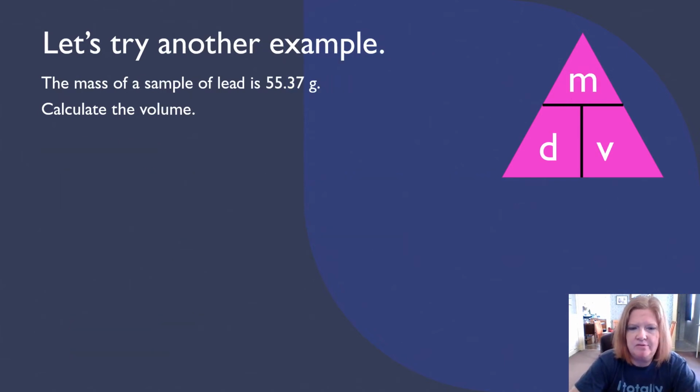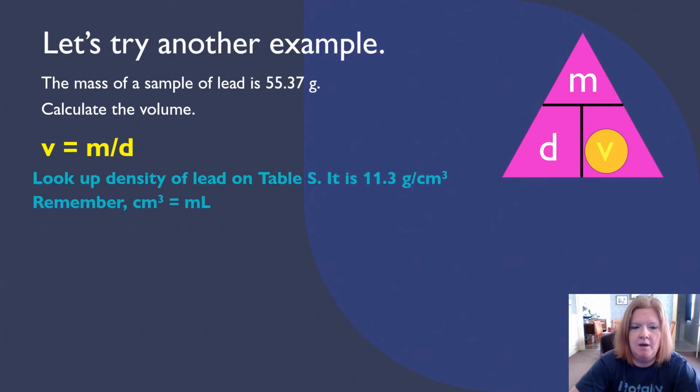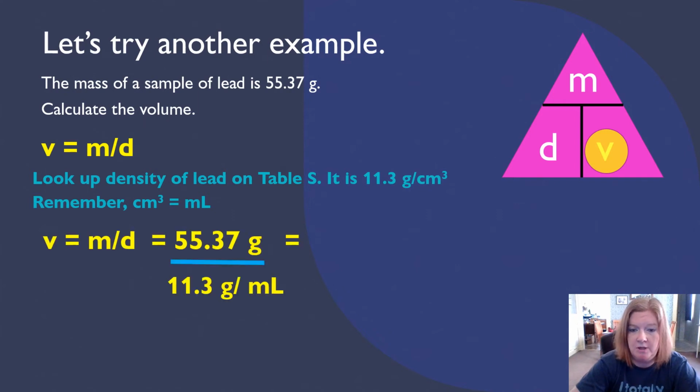All right, here's another example. The mass of a sample of lead is 55.37 grams. Calculate the volume. So we're finding volume. So that means the formula is mass over density. You look up the density of lead on table S, and it is 11.3 grams per centimeter cubed. So I'm going to set it up. The mass was 55.37. The density was 11.3. Now, grams per milliliter means grams on the top, milliliters on the bottom.